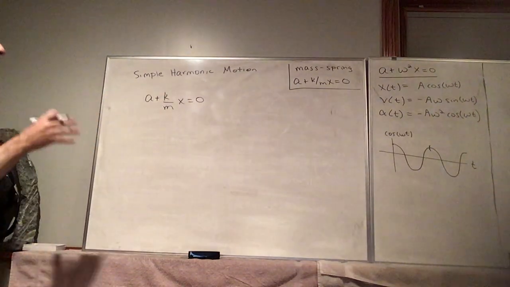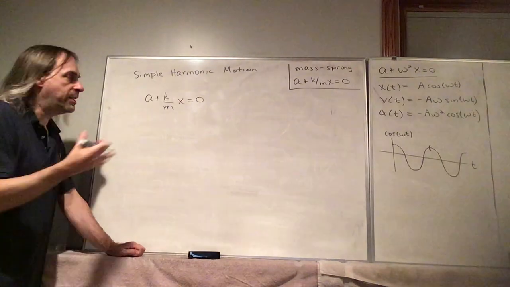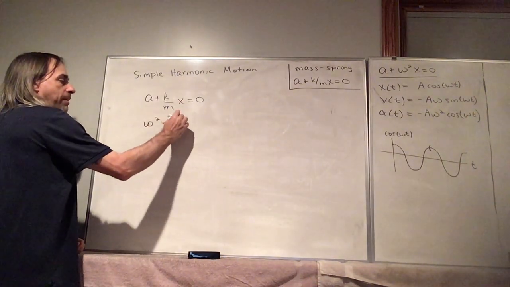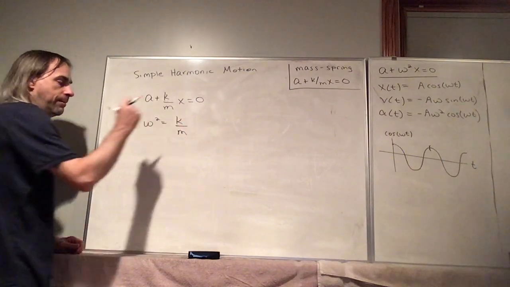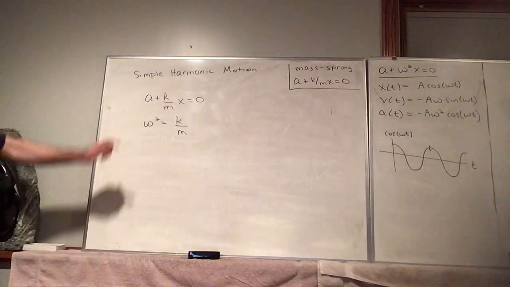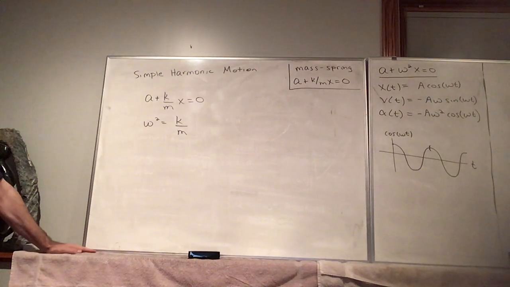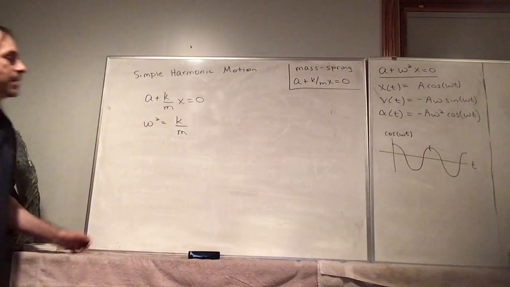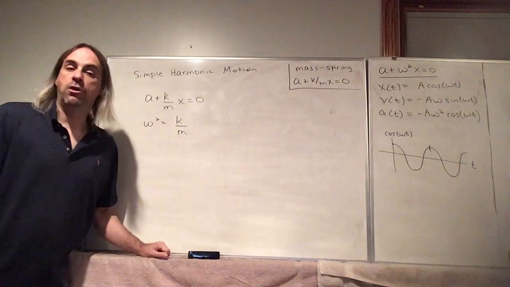We can get it in this form, and then let's just define omega squared to be k over m. And then we have that equation, and we have a known solution to that. And so we call this the angular frequency of the system. And for a mass spring system like this, it's the square root of k over m.